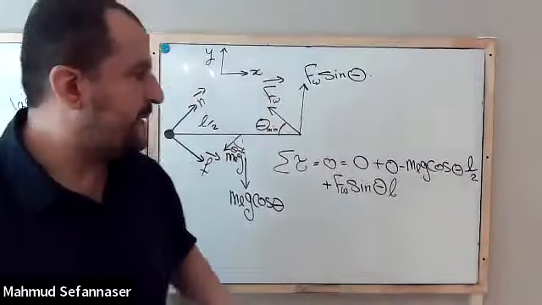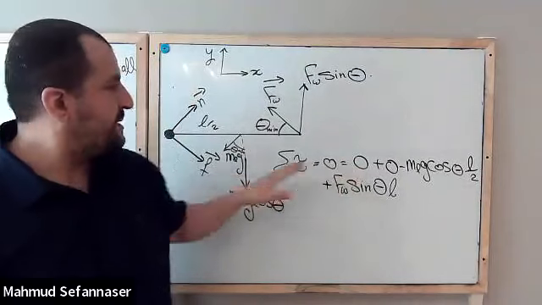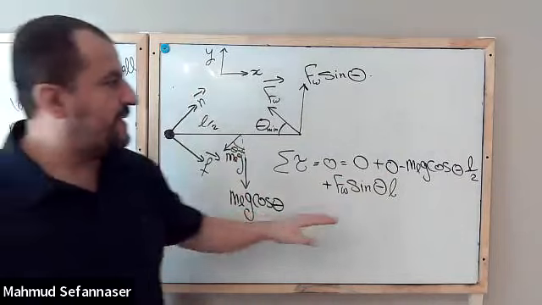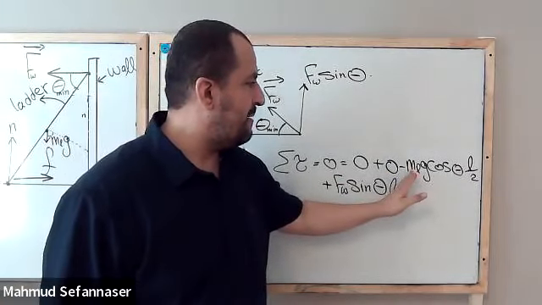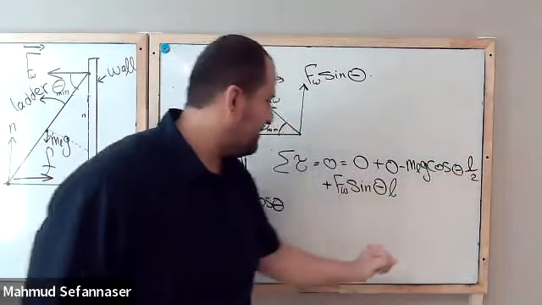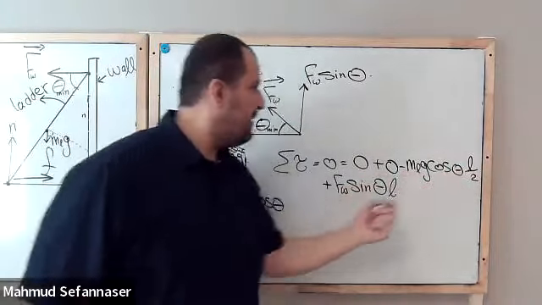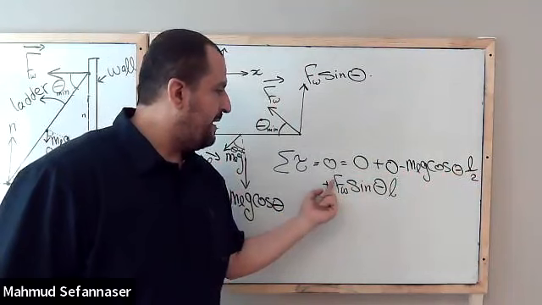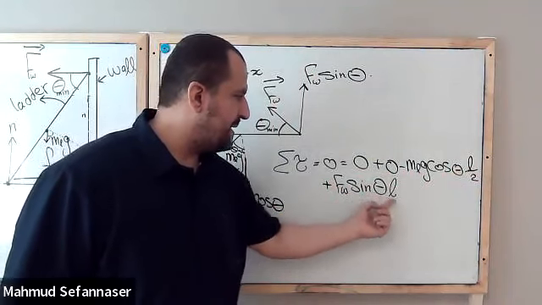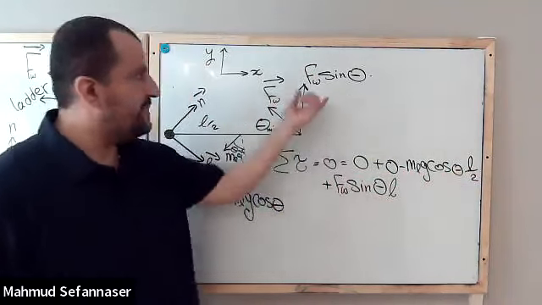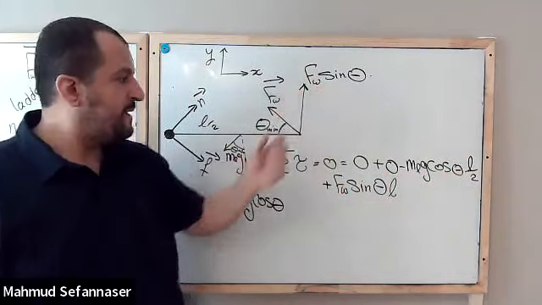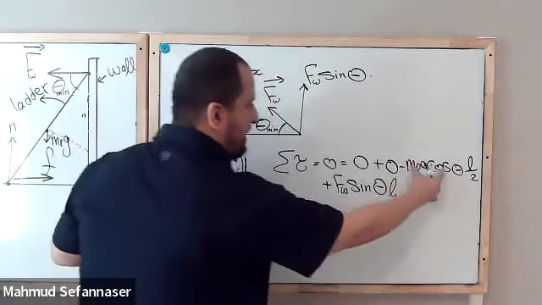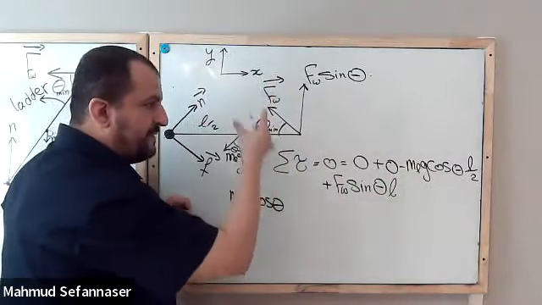So that's very good. So we have 0, guys, from the normal force, 0 from the frictional force, and we have here m ladder g cosine theta L over 2. This is the torque from this force. And we have here F wall sine theta times L, and this is the torque, guys, from this force right here. Now we can solve. We can move this, for example, to the left-hand side.